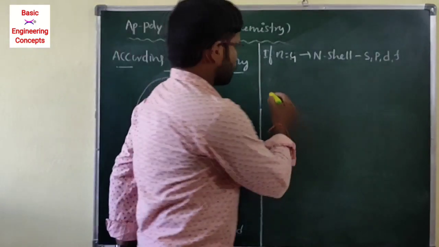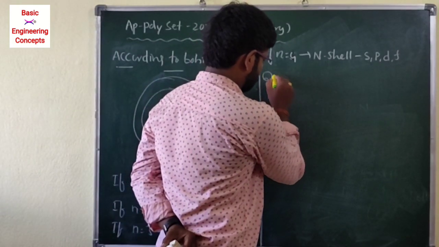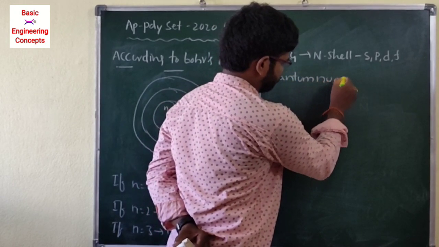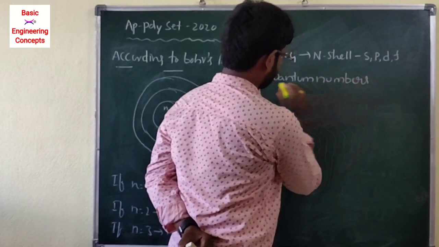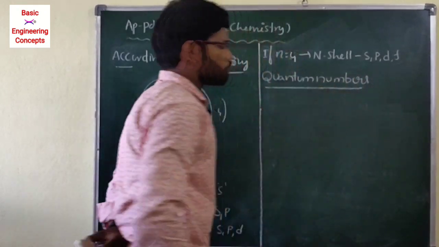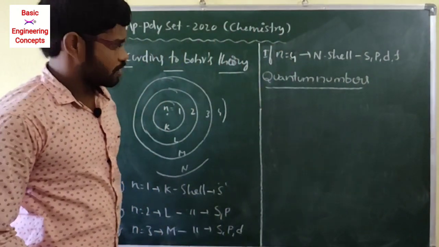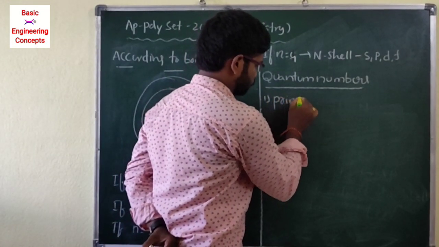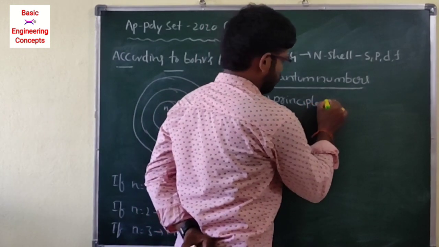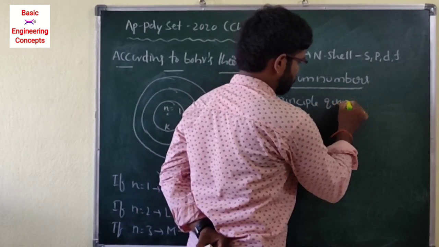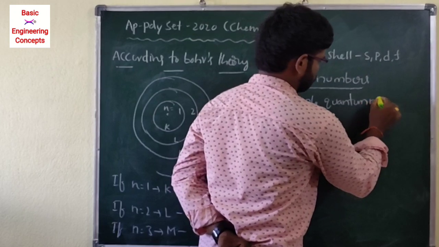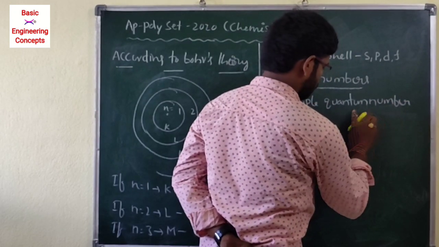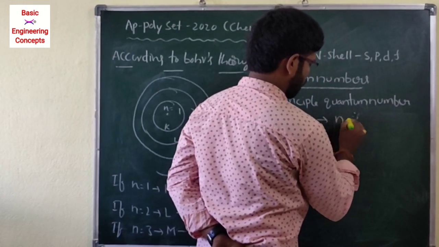Next is quantum numbers, very very important. There are 4 quantum numbers. The first one is the principal quantum number, denoted by small n.